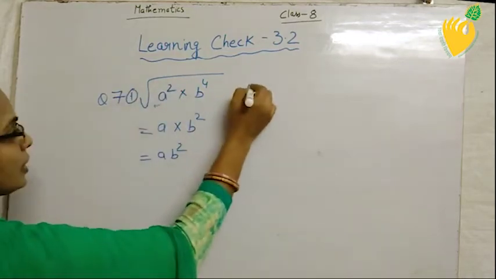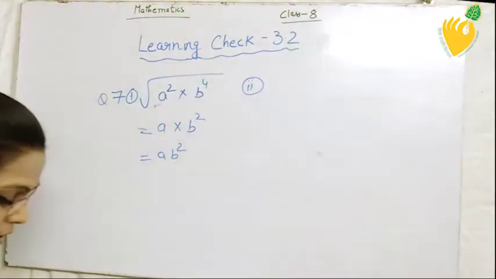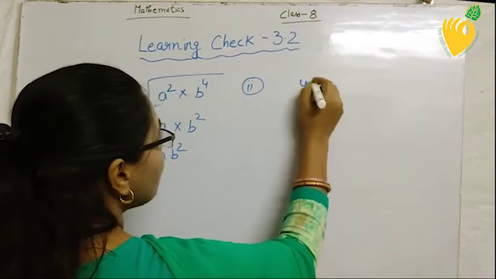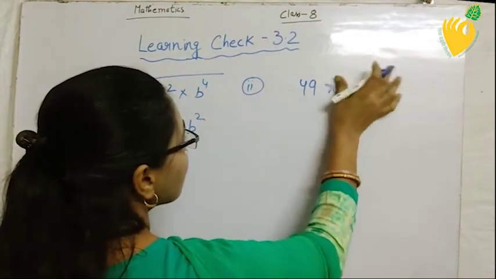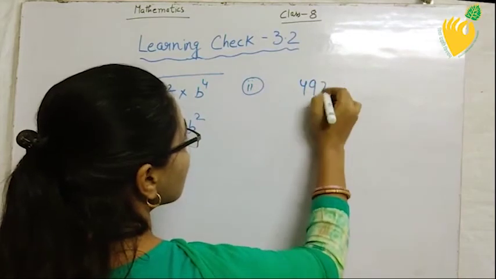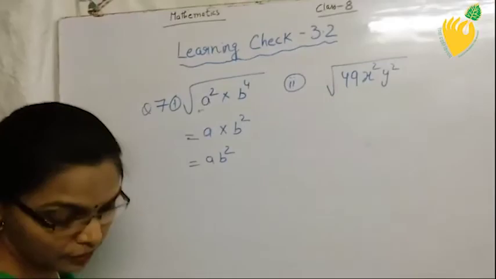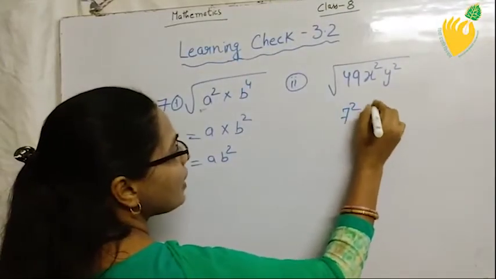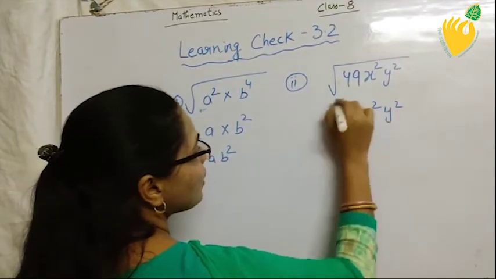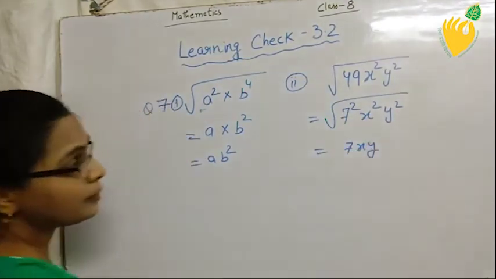If you want to see one more question, then I will solve one more for you all. The next question is 49 x square y square, and you have to find the square root of this, students. You can simply write 7 square x square y square, which is equals to 7xy.